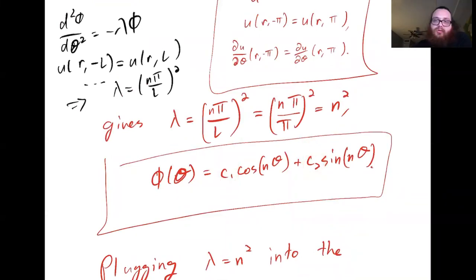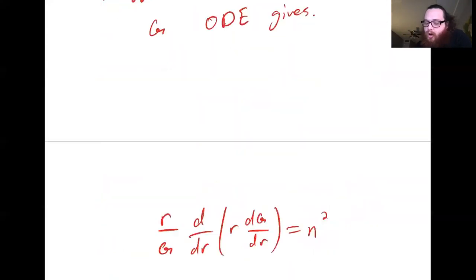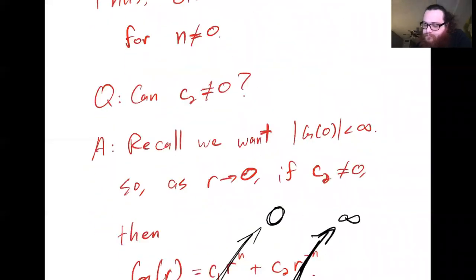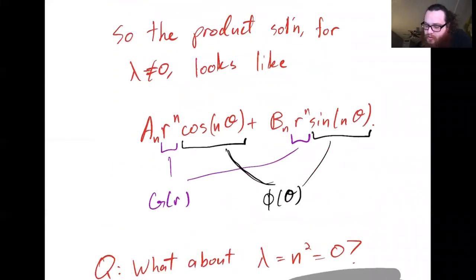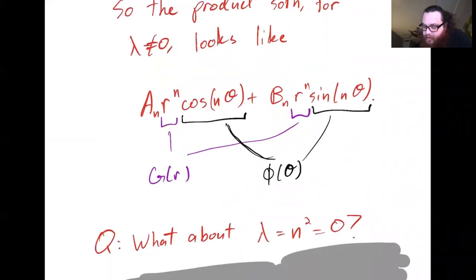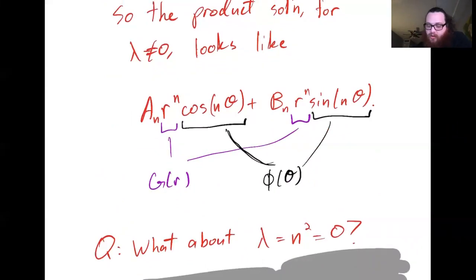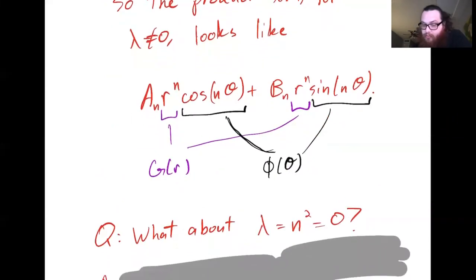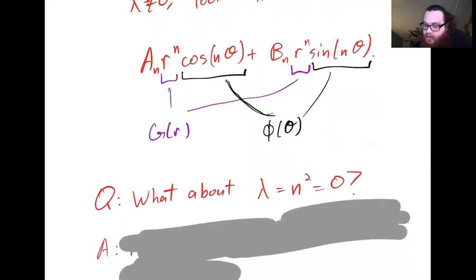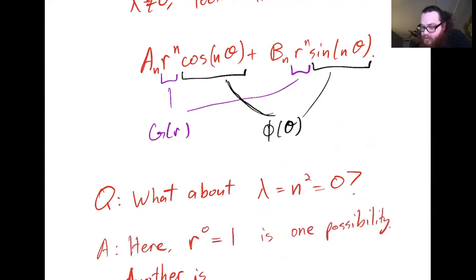But the point is we've computed what these basic product building blocks are. Okay, and so then the other question is, well, what about lambda equals n squared equals 0? The case that I've been trying to avoid and treat as a special case.